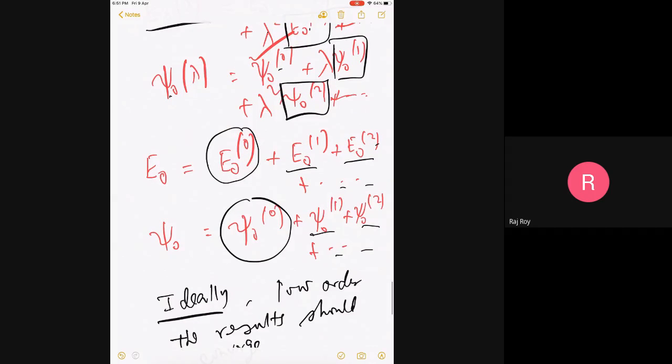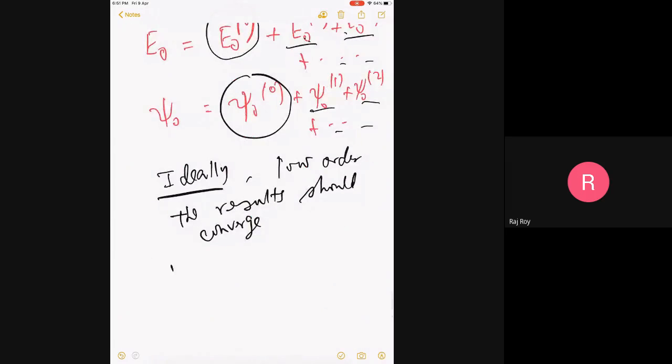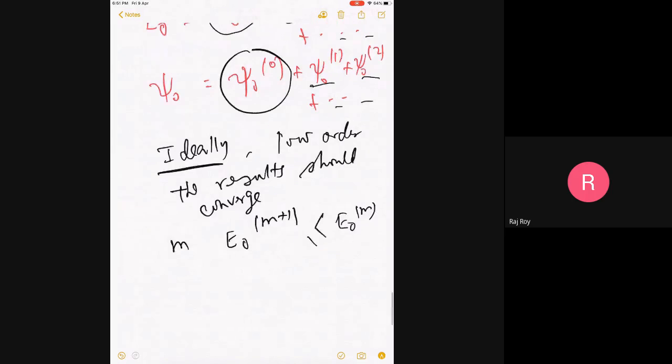You cannot really define this in the low order, but eventually it should happen that for large m, E naught m plus 1 should be less than or equal to E naught m, in modulus at least.